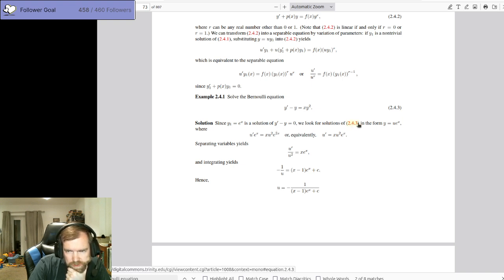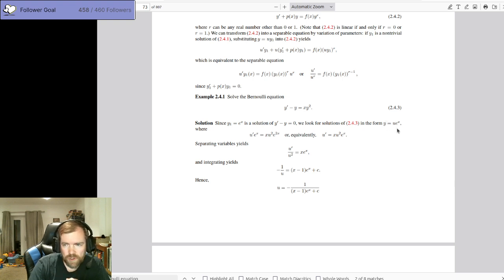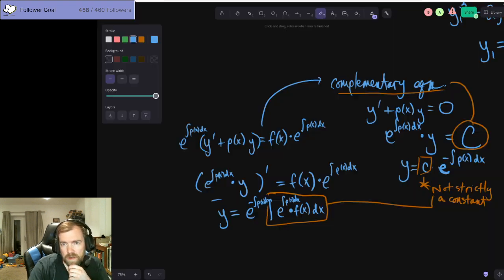So we look for solutions of the form y is equal to u, which is some other function of x, times the complementary. So this is actually a tactic that we're going to use in second order as well.